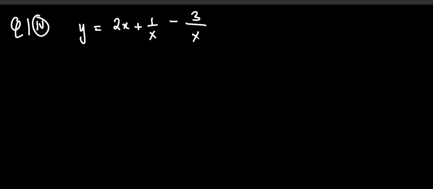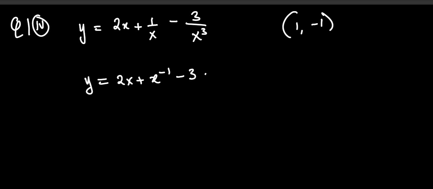The next one is given like this. The last question on number 1. So question 1, Roman numeral 4, we have y is equal to 2x plus 1 over x minus 3 over x to the power 3. At the point where x is equal to 1 and y is negative 1. So you can write this in a way that will help us to solve it using power rule because we don't want anything complicated.